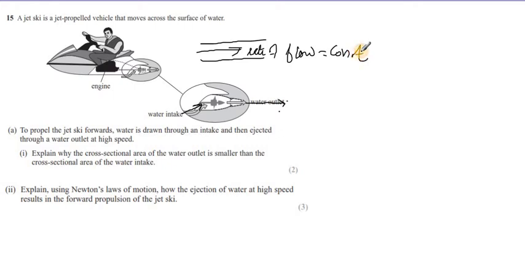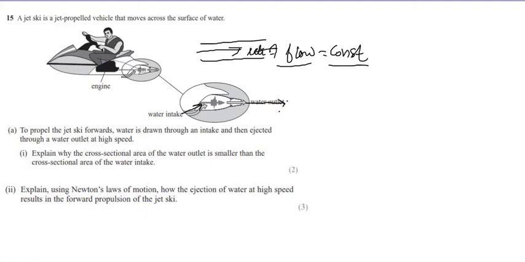Meaning if one end is wider and the other is narrower, then in order to keep the flow rate constant, the speed at the narrow end should be greater than at the other end. That's the only way the rate of flow remains constant. When the water goes in, it goes in with a slower speed. When it comes out, at the narrow end, it comes out with a high speed.